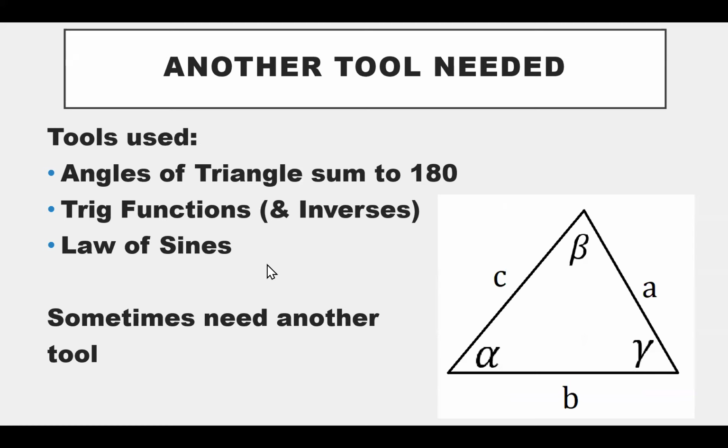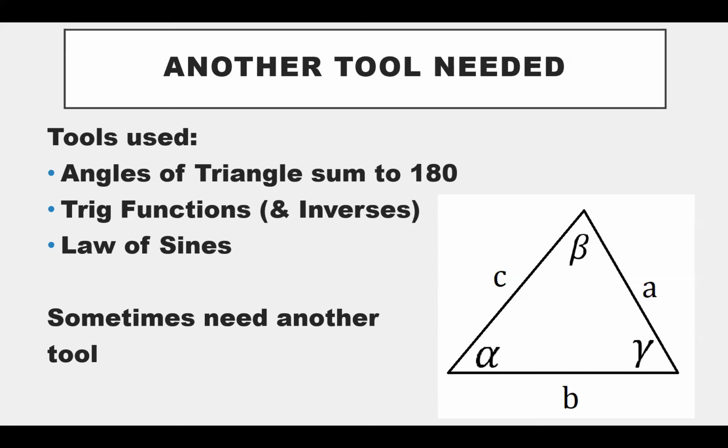Now, the last thing I want to say is that so far, every problem that we've done, which created a triangle, we used three tools. The fact that the angles of a triangle add up to 180 degrees, our trig functions and their inverses, and then the law of sines.